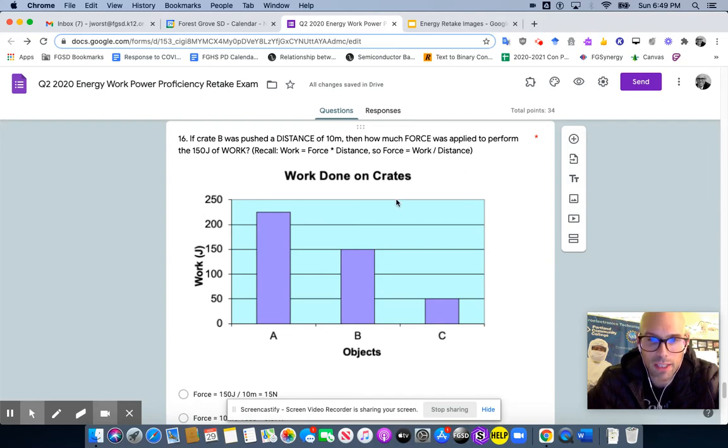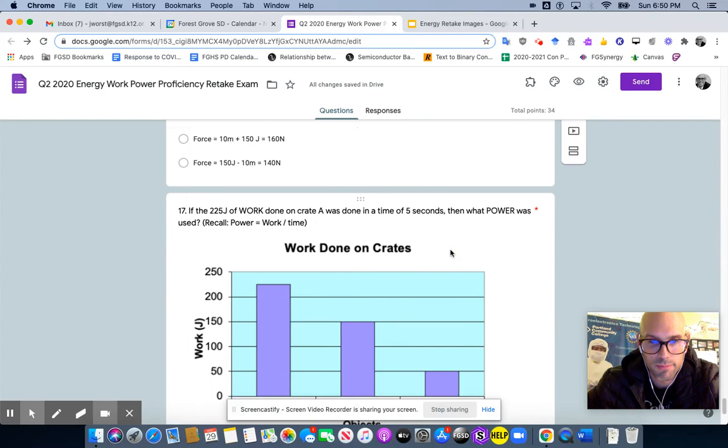Okay, so if we want to calculate the force applied to crate B, it was pushed 10 meters, and the joules are 150. What would the force be? Use this equation. Yes. Okay, cool. So you have some options down here.